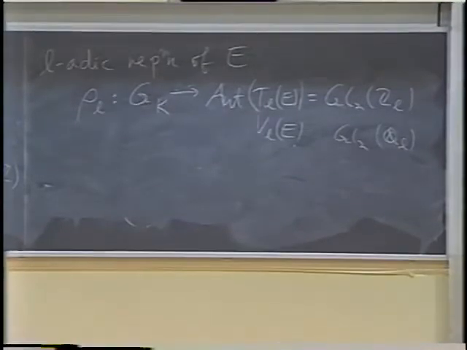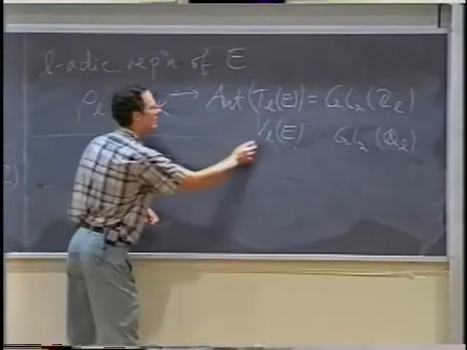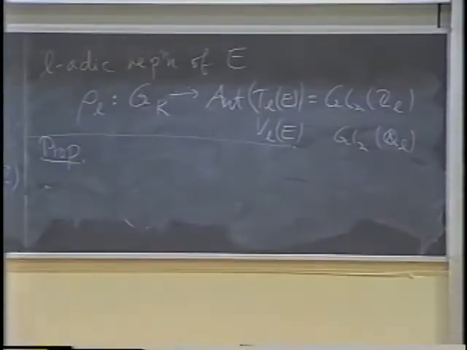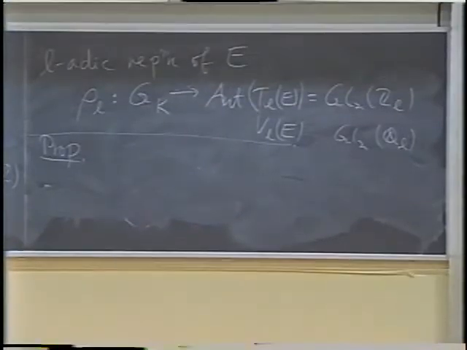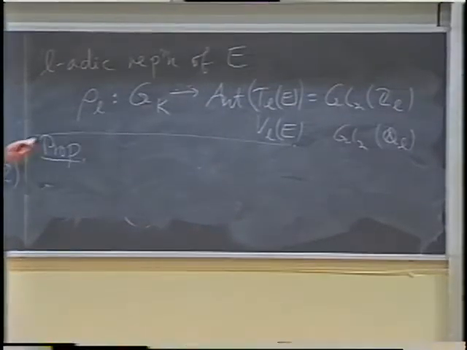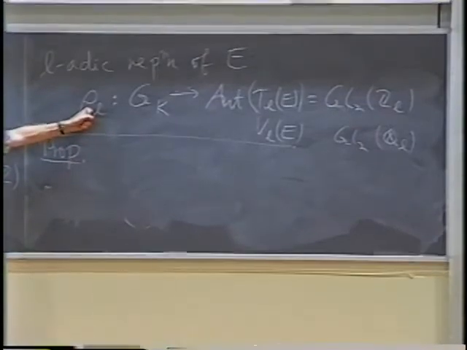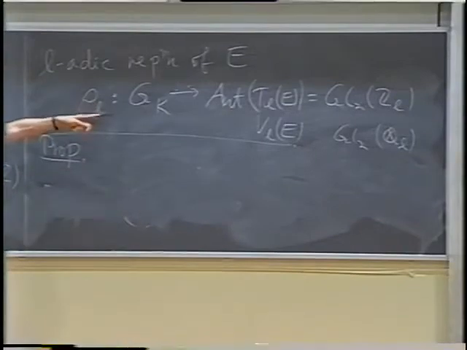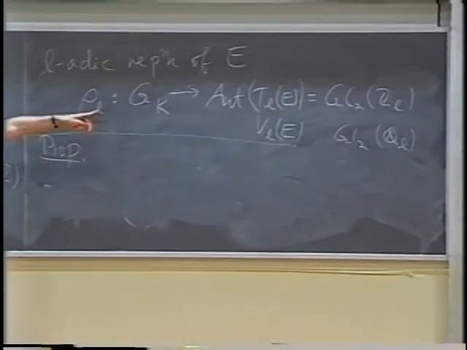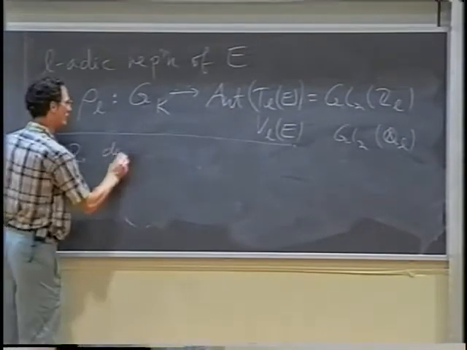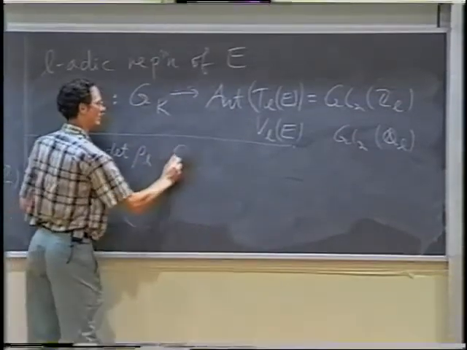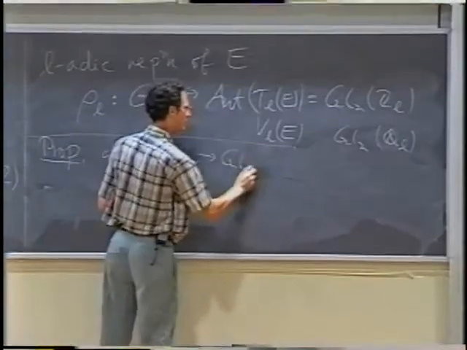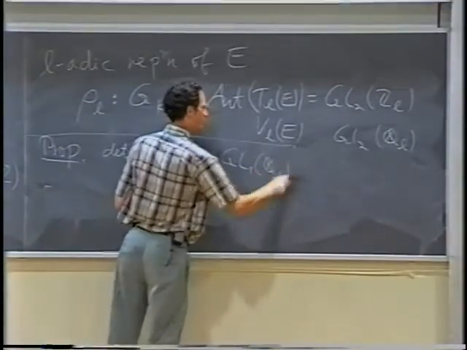Okay, one thing I do want to mention, because it's useful at various stages, is although these representations in general are not so easy to analyze, one thing it is easy to determine is the determinant of this representation. So you're going into GL2, so if I take the determinant of rho_L, that's a one-dimensional representation, so into GL1 of Q_L.